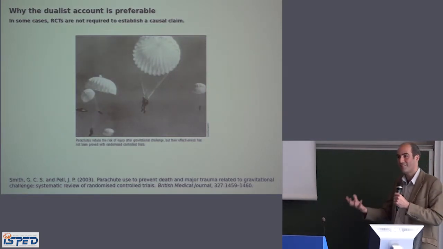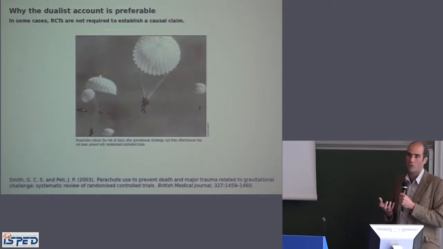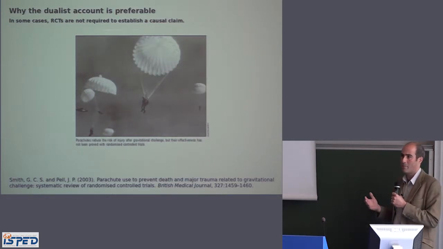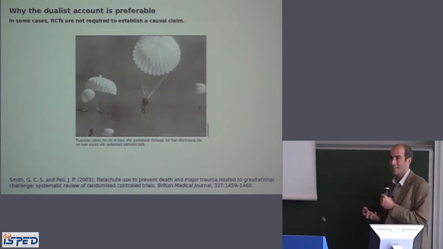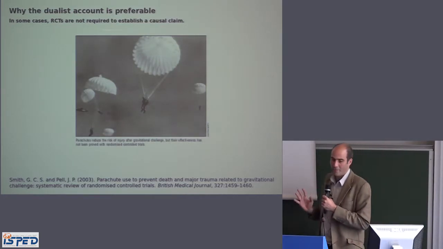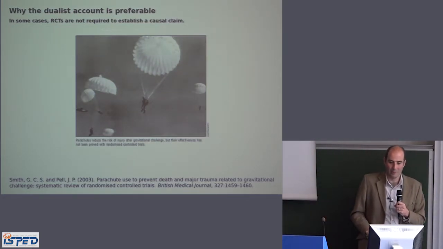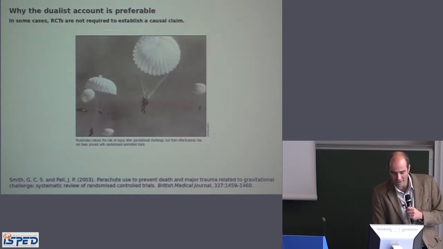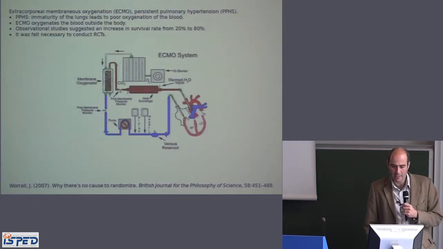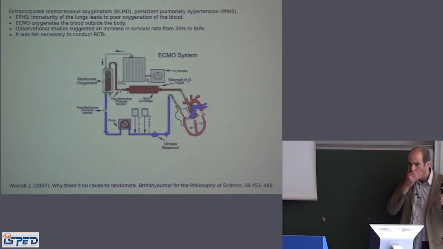And by integrating the evidence of mechanisms with the observational evidence, that's enough to establish causality. You don't need a randomized study of parachutes in order to establish causality there. That's a kind of silly example which expresses why the dualist account is useful, but here's a slightly more serious example.